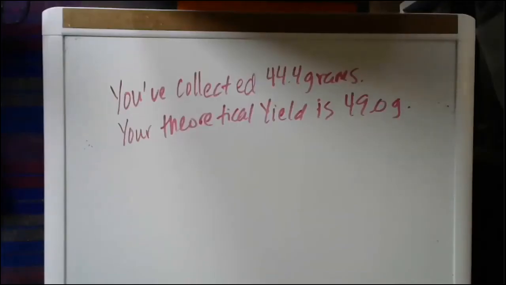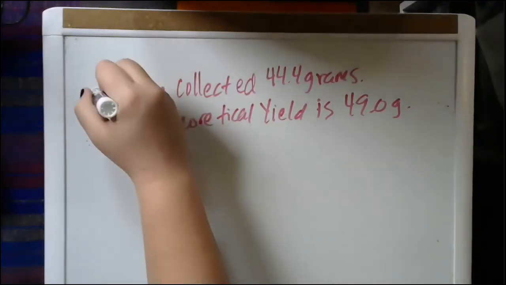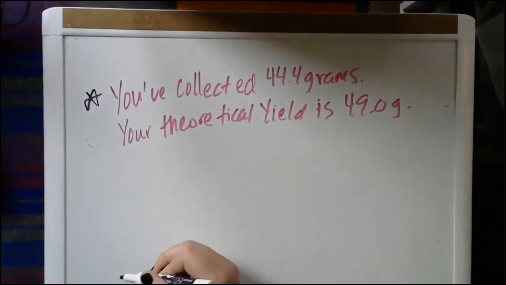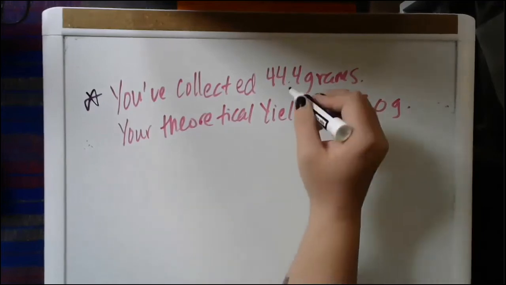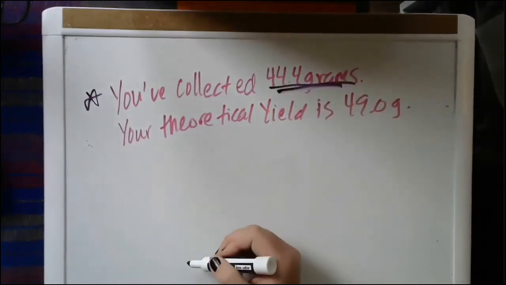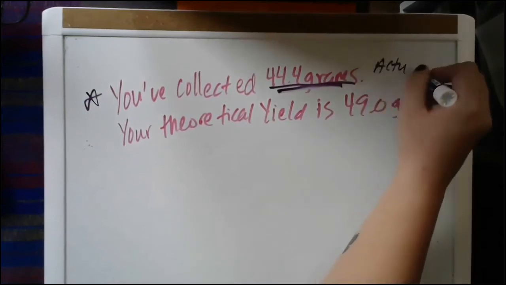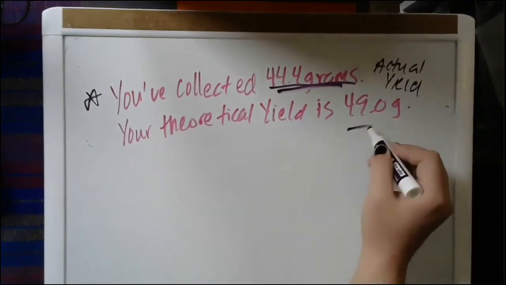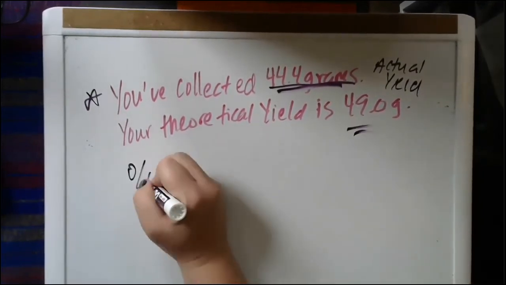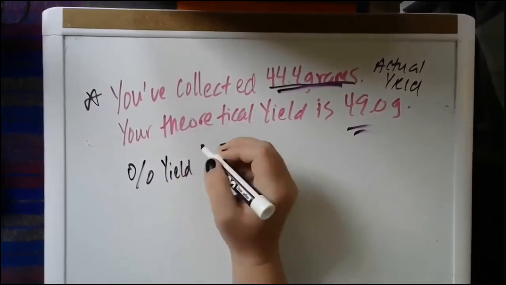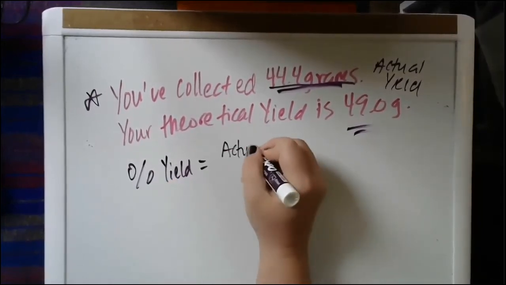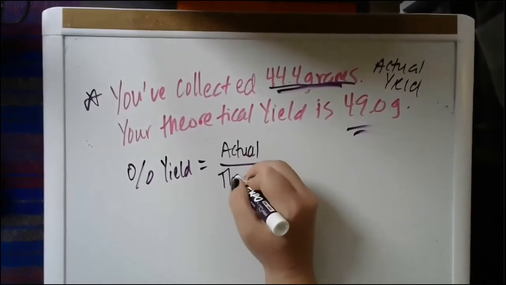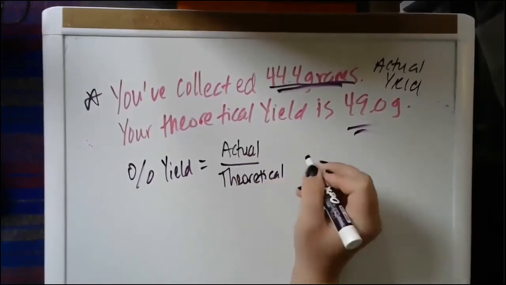Okay, so to calculate your percent yield now, we're going to look at these two pieces of information in particular. Our problem tells us that at the end of our experiment, you've collected 44.4 grams. This value here is our actual yield. Our theoretical yield is 49 grams. To calculate our percent yield, we're going to take our actual yield, divide it by our theoretical yield, and multiply it by 100.